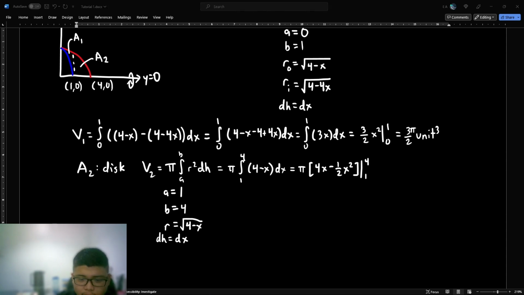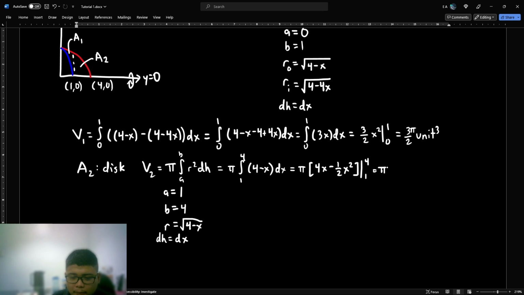Now here, we're not able to just substitute 4 into this equation anymore, since our lower value here is actually 1. So what we're going to do is substitute both 4 and 1 into the equation.